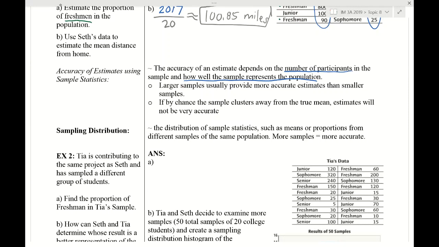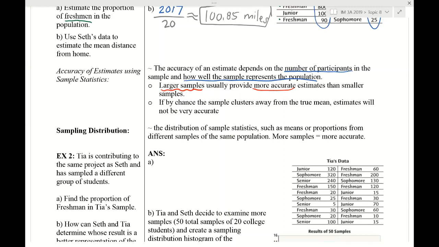And so ultimately what's happening is that a larger sample will provide more accurate estimates than a smaller sample. So the larger the sample, the more accurate the sample is. If by chance the sample clusters away from the true mean, estimates will not be very accurate. So we are flipping a coin here, right? We're choosing a group of people that we hope best represents the population, and it could be that we just pick a bad sample.